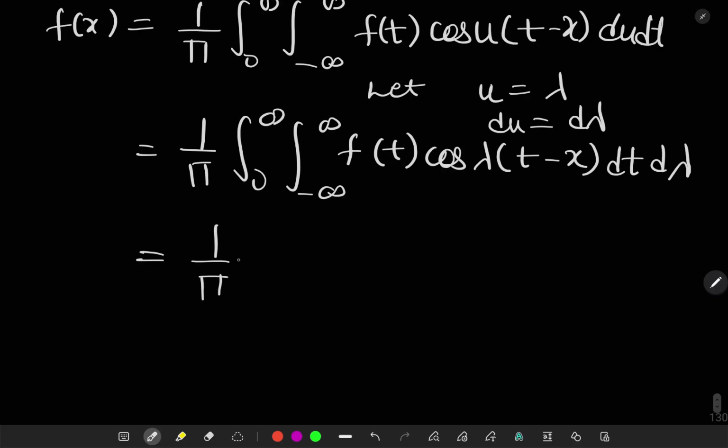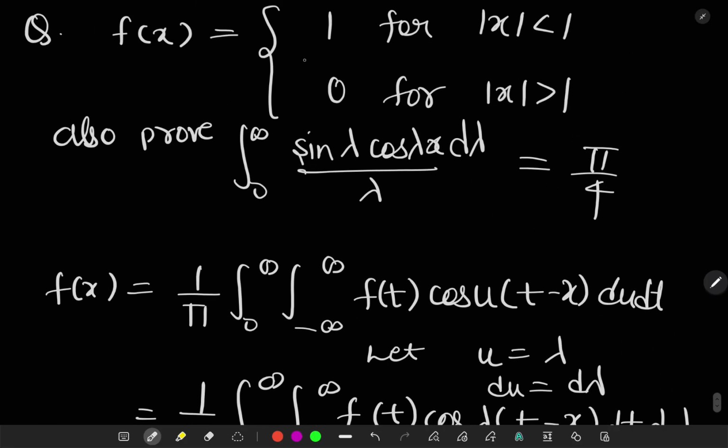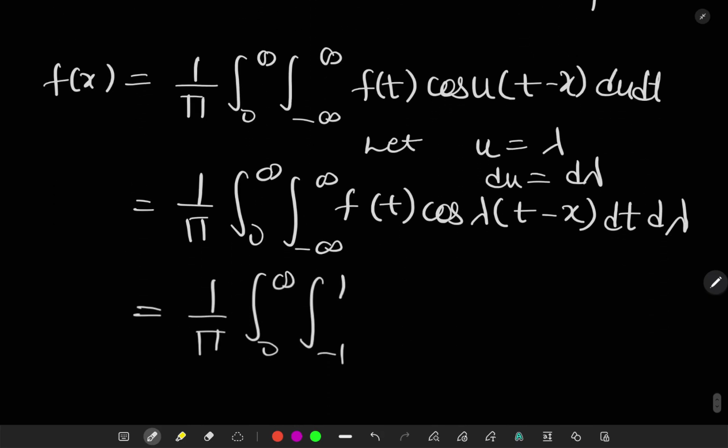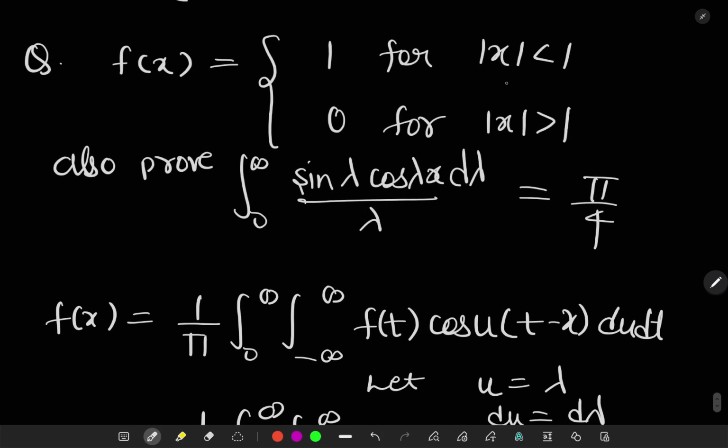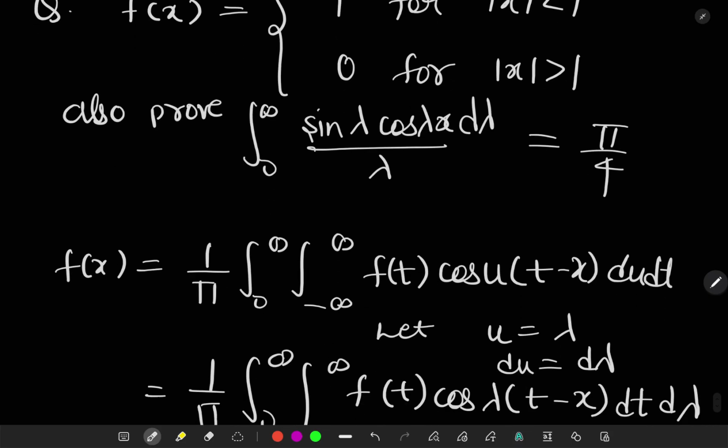Now putting the value of f(t), f(t) is given as 1 for the limits of |x| less than 1 and 0 for |x| greater than 1.